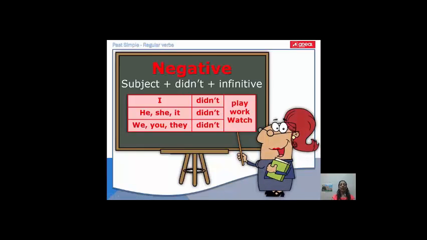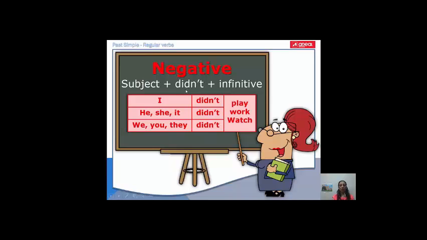Okay, when we make the negative with the past simple tense, we add the helping verb, or the auxiliary verb, did to help us make a negative sentence in the past simple tense. So we put the subject or the pronoun and put did followed by not.